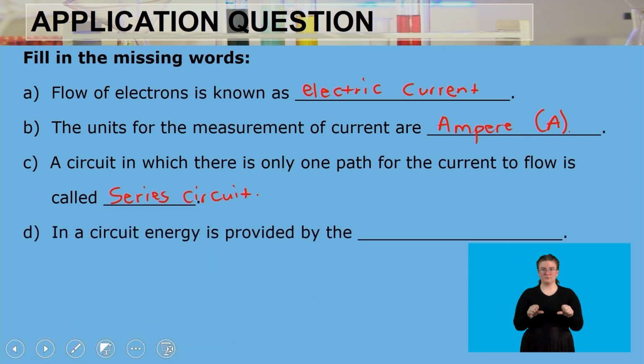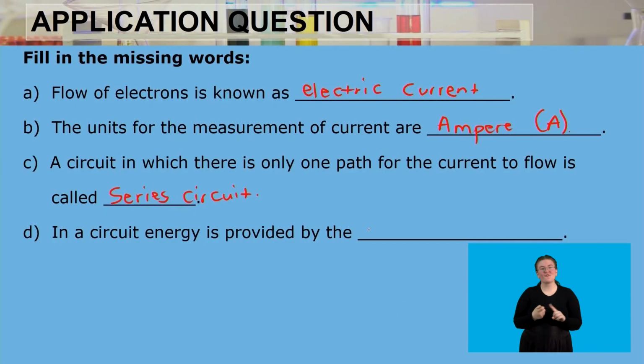Next question. In a circuit, energy is provided by. So in our electric circuit that has the resistors being our light bulbs, we have the ammeter, the conducting wires. There is also something that is connected there that is going to supply energy to the whole electric circuit.